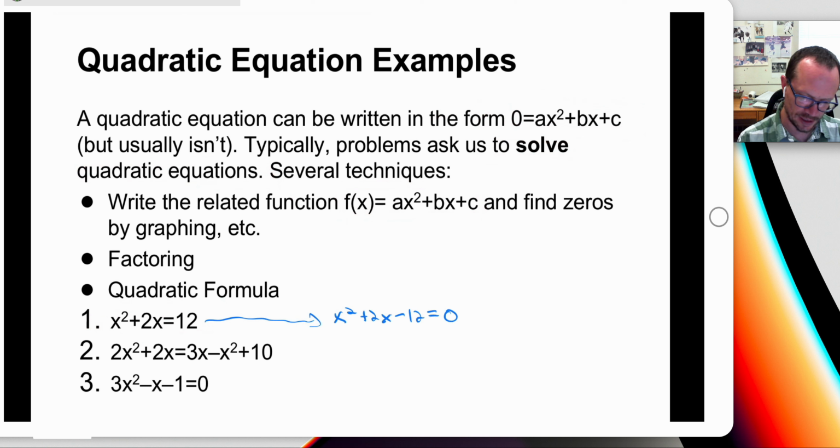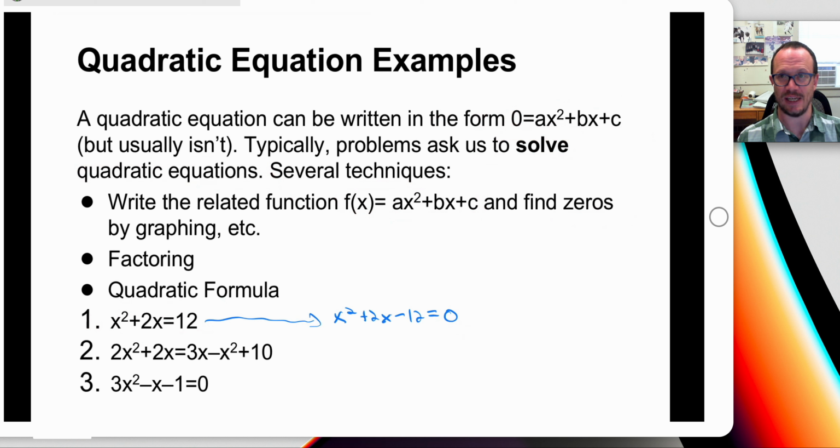Now it's in this form here. We could replace the 0 here with f of x, and we'd have what's called the related function, and we'd be looking on that related function for the points where y is equal to 0. In other words, the x-intercepts or the zeros of the function.